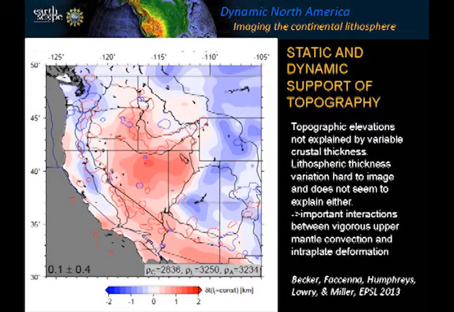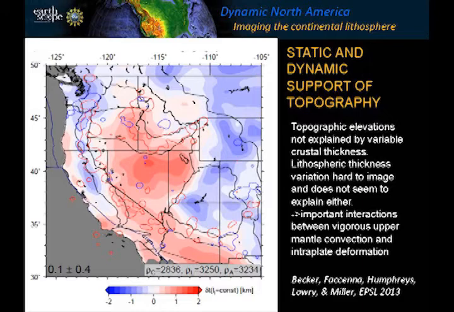So one thing that's been quite interesting, and there's been some nice work on this, and this has really valuable predictions for surface uplift, is the question of what does variable mantle flow or asthenospheric flow do to the topographic elevations.